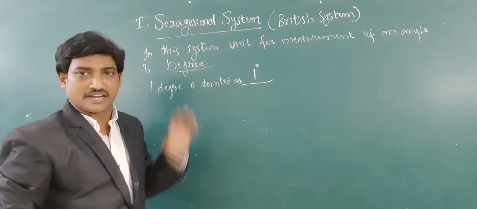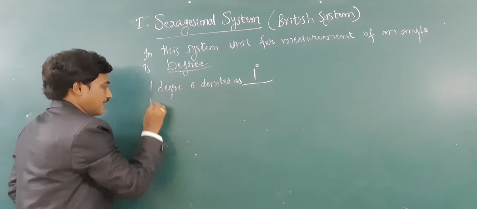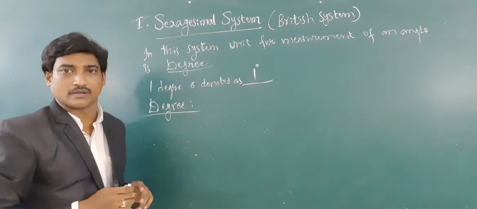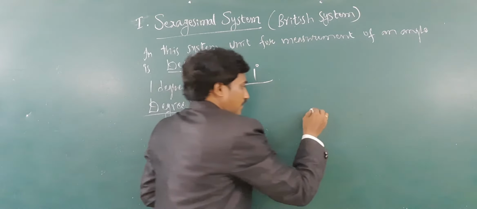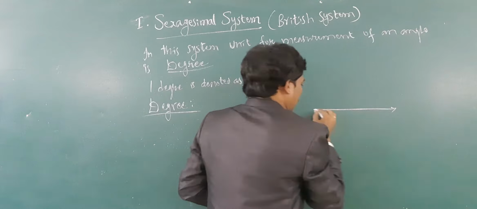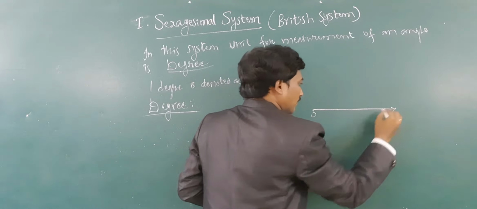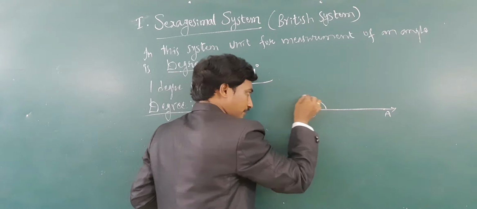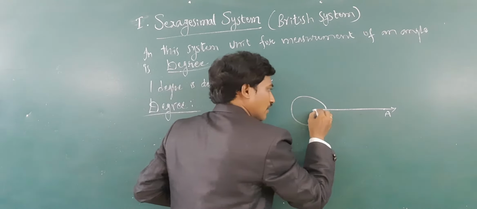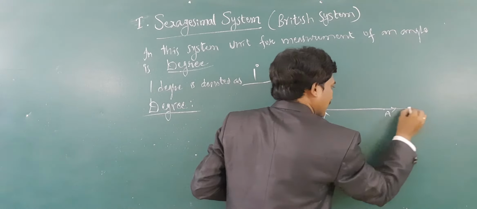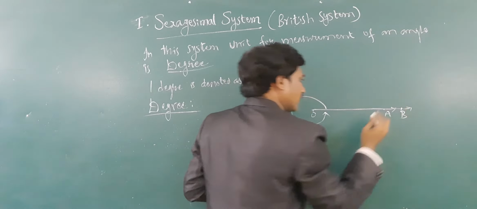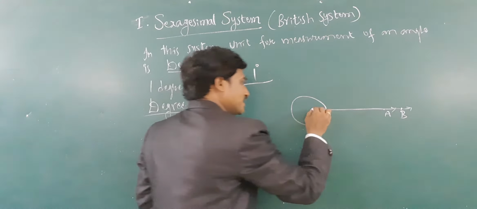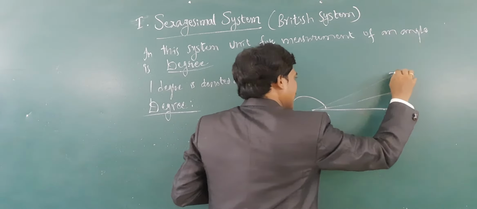Let us define a degree first. What is meant by degree? A complete angle, you know, a turn. When OB coincides with OA, then we call that a turn or a complete angle.